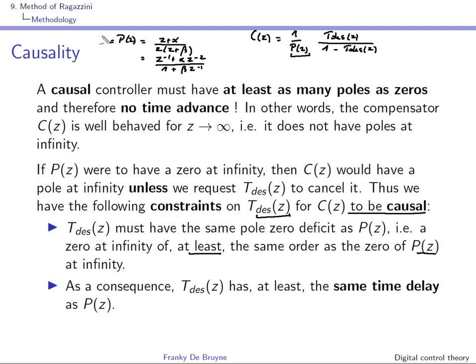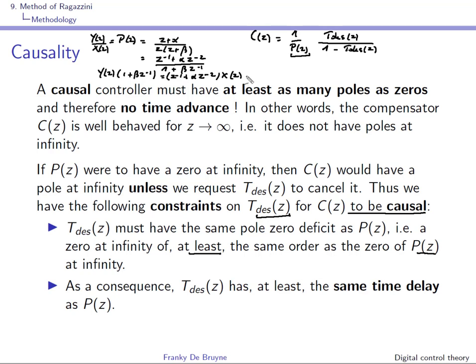And this is y of z over x of z. So y of z times 1 plus beta z minus 1 is equal to z minus 1 plus alpha z minus 2 times x of z.